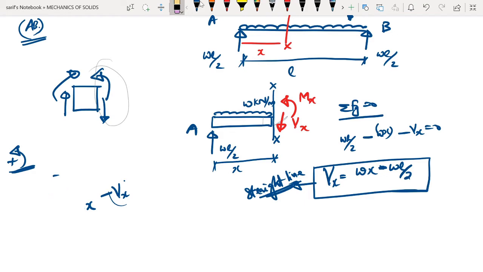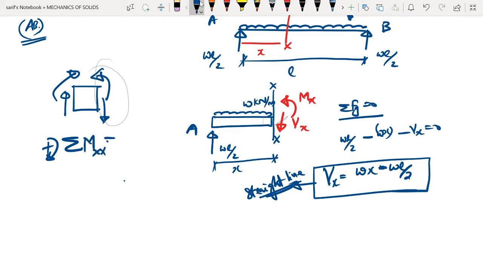So what we can do is, let us consider sum of the moments about the section XX equal to 0. The shear force is lying on the section XX and therefore it will not create a moment on the section XX. So we will have minus Mx, the moment, which is anti-clockwise.